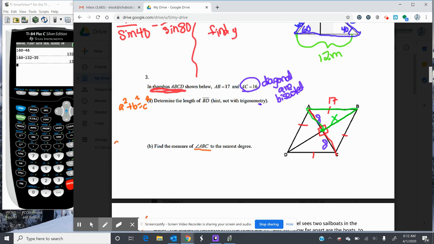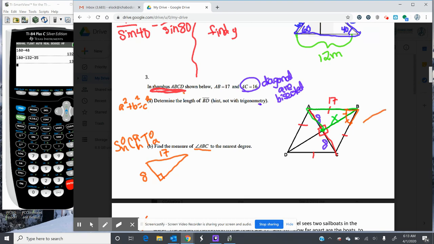The second part is to find the measure of angle ABC. Now here's when you're going to use SOHCAHTOA, because that's when you find angles of right triangles. And if I help redraw that right triangle for you, what we know so far is 8 and 17 of one of the right triangles. So again, that's that green one redrawn. But this angle at ABC, another rule of the rhombus is that diagonals bisect this angle.